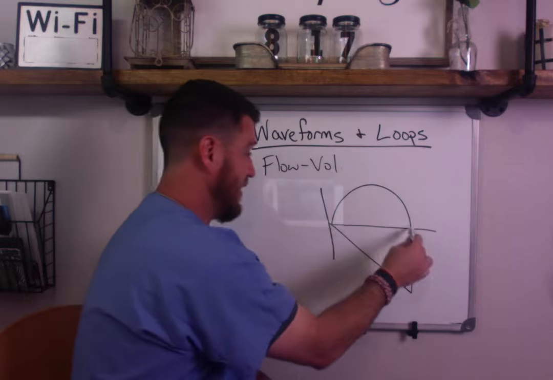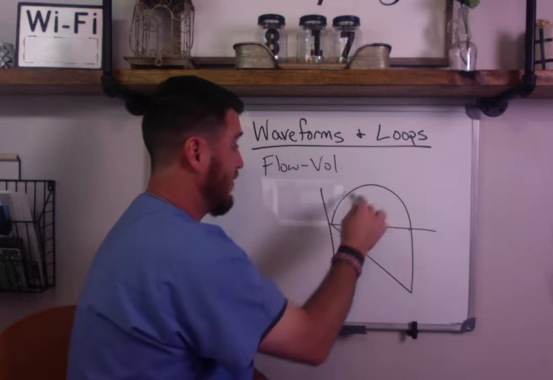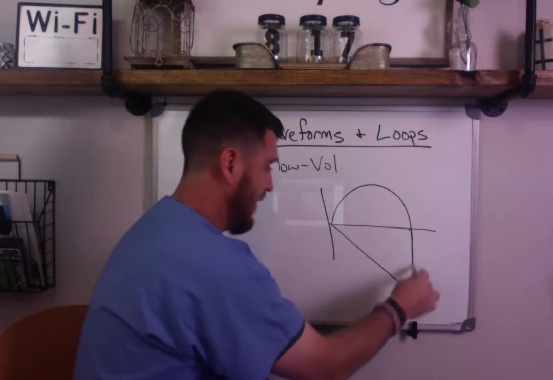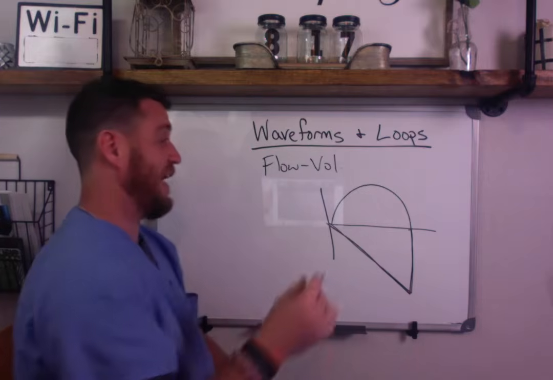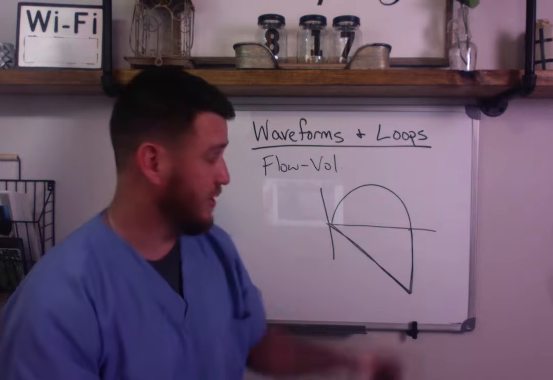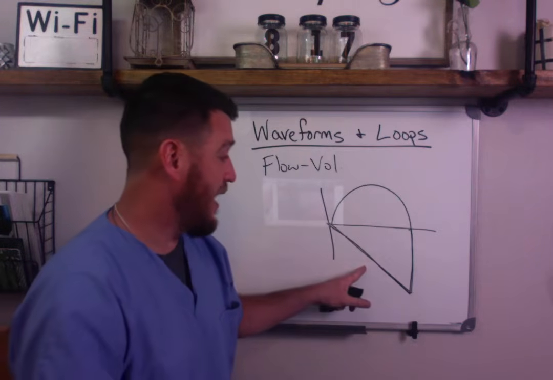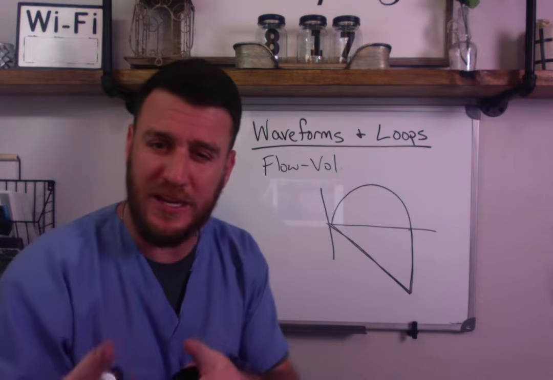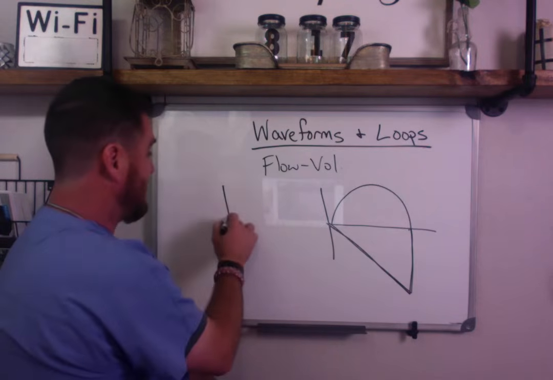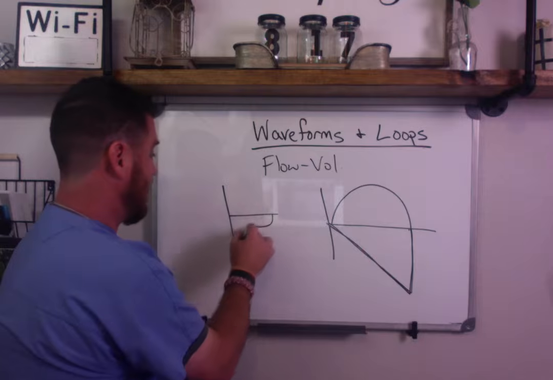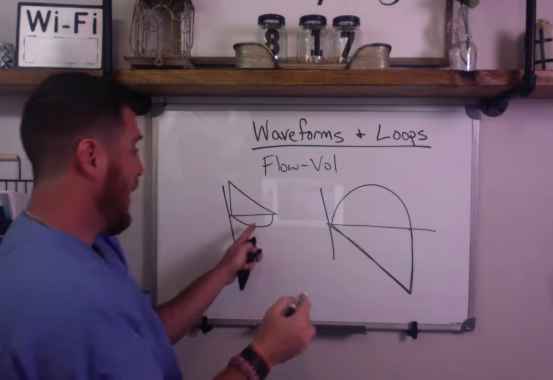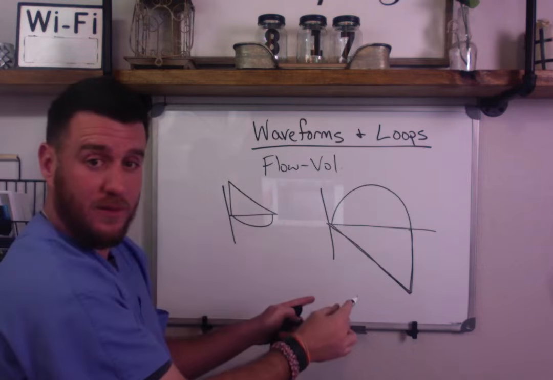Volume goes in, flow and volume goes in, and then flow and volume is exhaled. Okay, so the top is inspiratory, the bottom is expiratory. Now you have to be careful with this, because when you get into PFTs, it looks more like this. Okay, but it's the same thing.